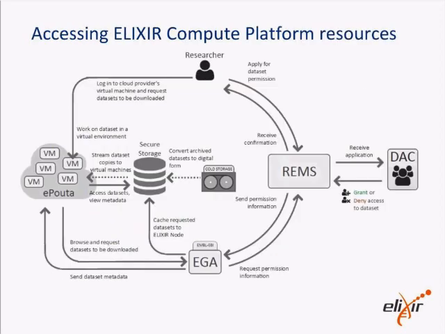So how does the user then log into the virtual machines that are shown here in our secure e-portal and access the secure storage, which is on the left-hand side of this picture?